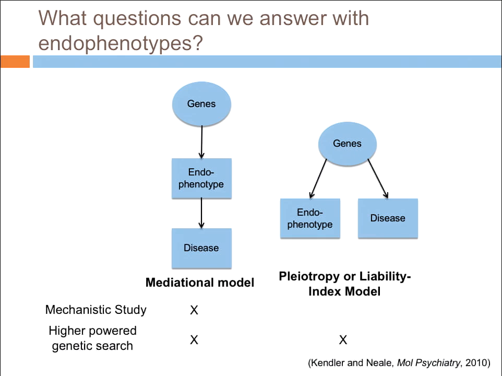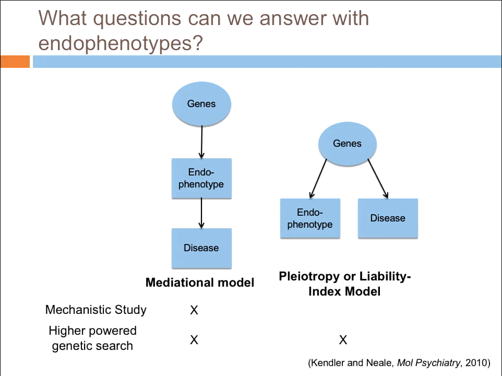Another model is called the pleiotropy or liability index model. In this model, the genes independently influence your endophenotype and your risk for disease. So if I vary the endophenotype, if I change brain structure, it actually doesn't tell me anything about disease. They are not causally or mechanistically related.